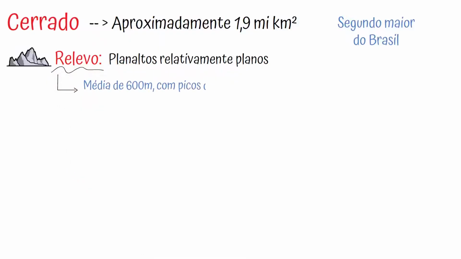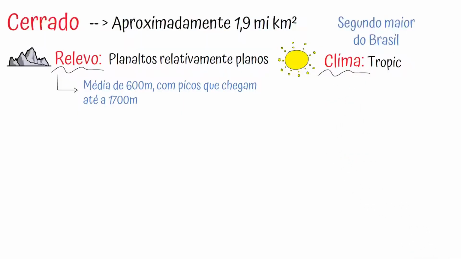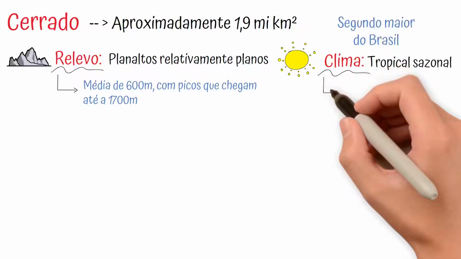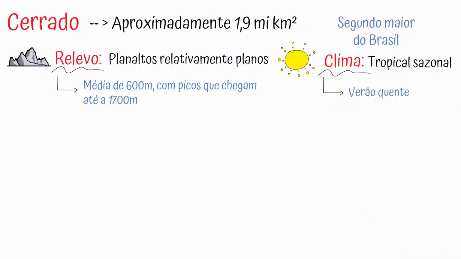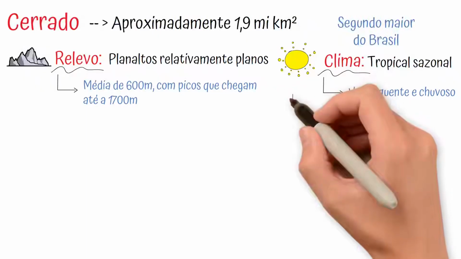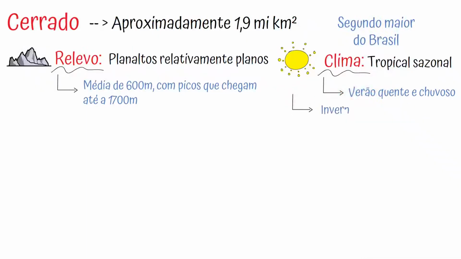However, there are some peaks that can reach up to 1,700 meters, even exceeding this altitude, such as the Chapada dos Veadeiros in Goiás and the Serra do Espinhaço in Minas Gerais. The region's climate is also very characteristic, known as the seasonal tropical climate, which has well-defined seasons. The summer is hot and rainy, and the winter tends to be colder and drier.